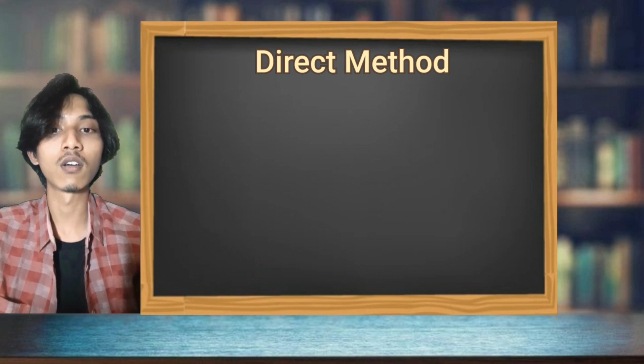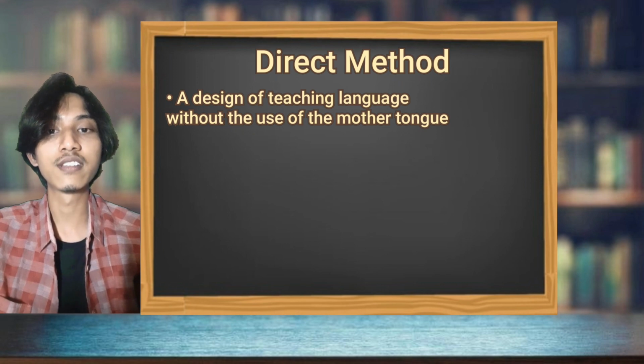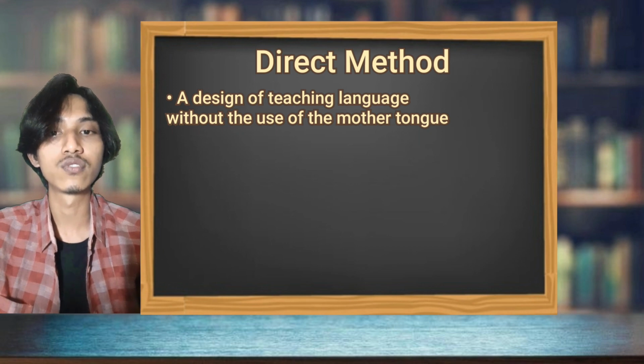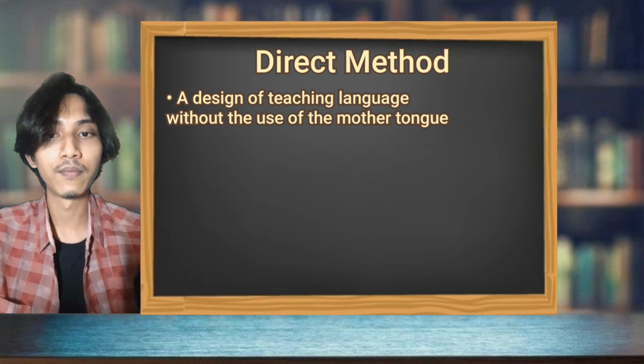The definition of the direct method is a design of teaching language directly with experience and expression between the English word, phrase, or idiom and its meaning through dramatization without the use of the mother tongue.